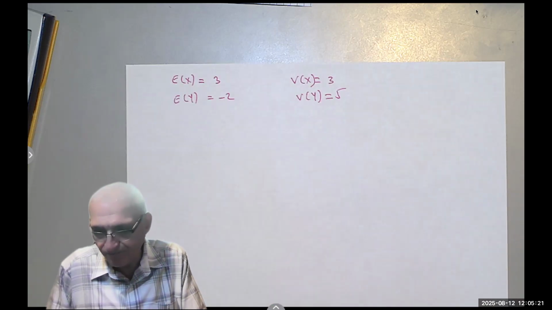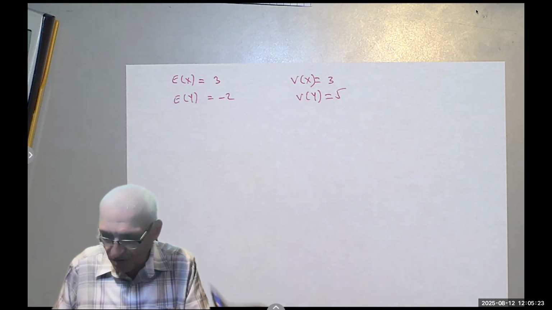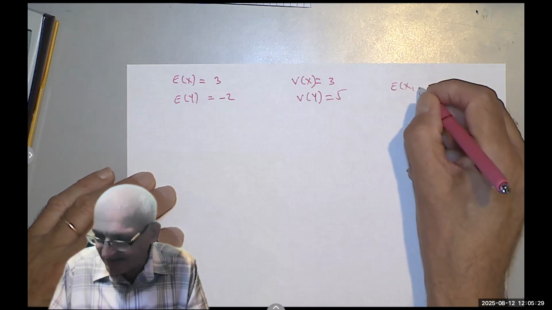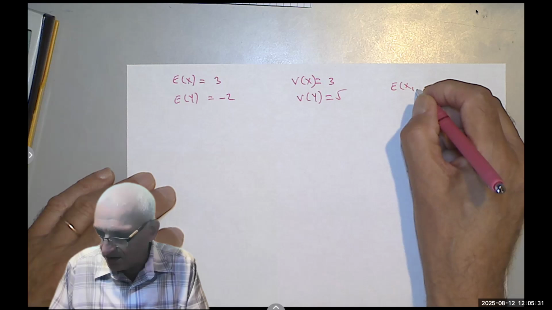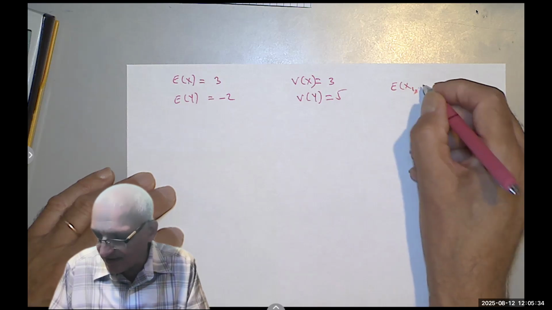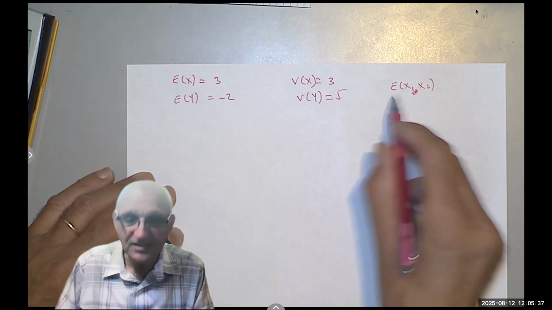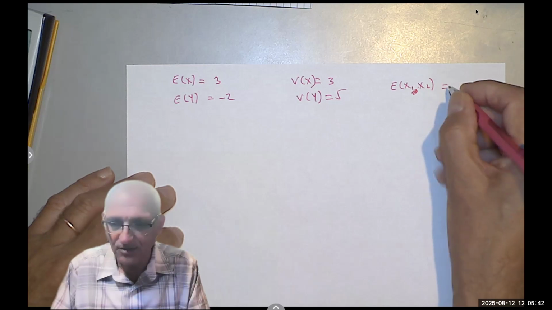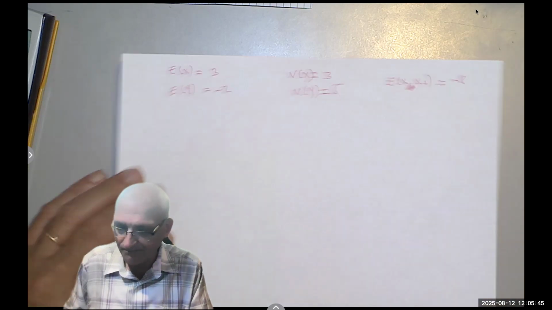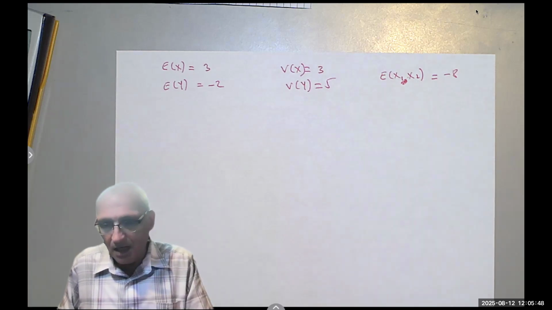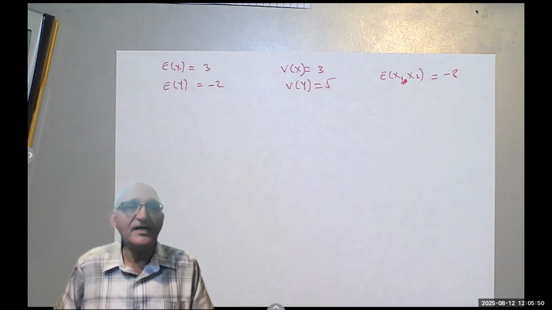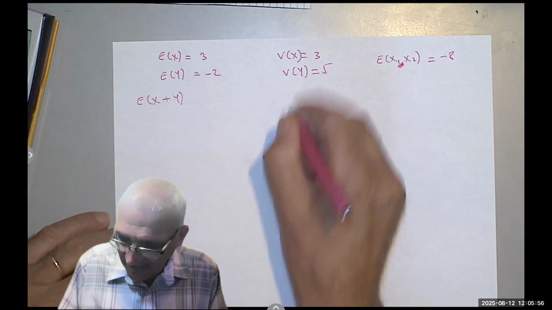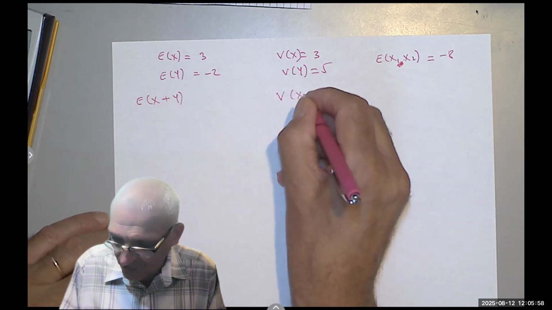I also said that the expected value of x1 x2, when you multiply them and then multiply by the probability like we did last time, is -8. Here we want to find the expected value of x plus y and the variance of x plus y.